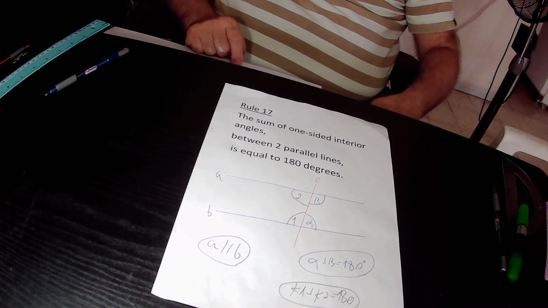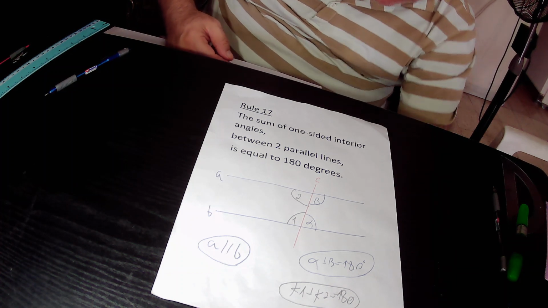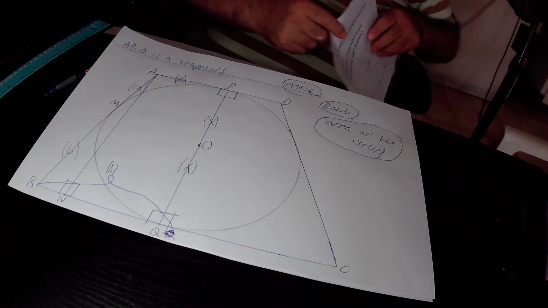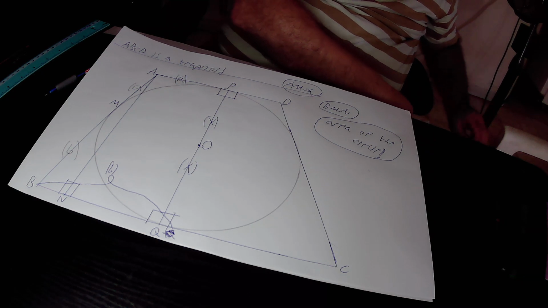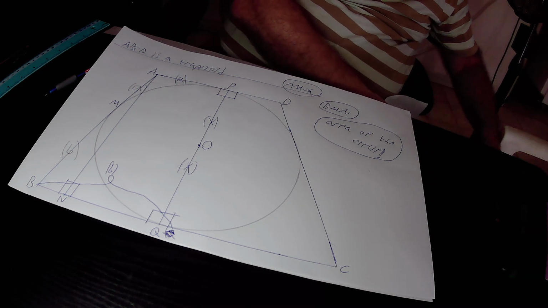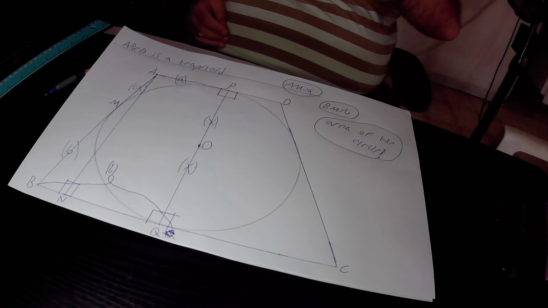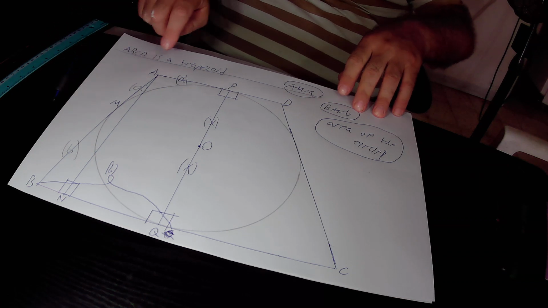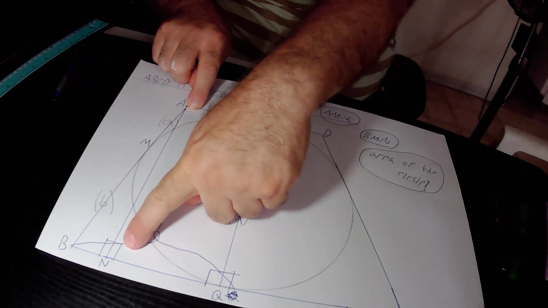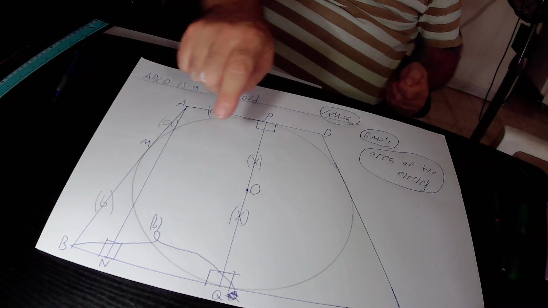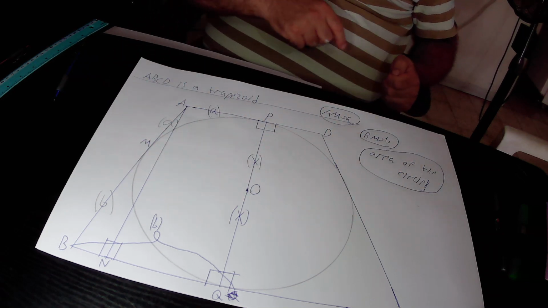As I already mentioned, we have implemented rule 17 in our drawing. Why? Because in our drawing, those two angles are defined as one-sided interior angles, and they are located between the parallel lines AD and BC.